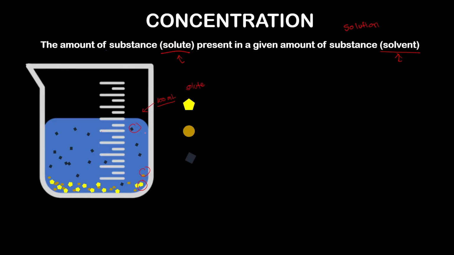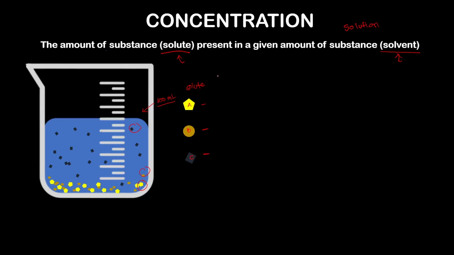The number of solute particles, or the number of these different shapes, helps us visualize how concentrated the solution is. And we can see that different solutes have different numbers, right? This means that the different solutes have different concentration values in this particular solution. So let's say these solutes are named solute A, solute B, solute C.